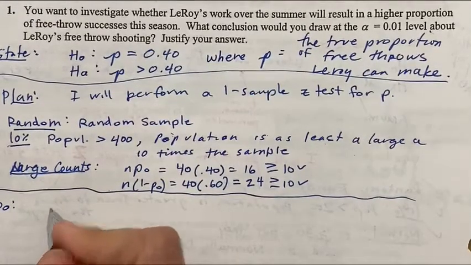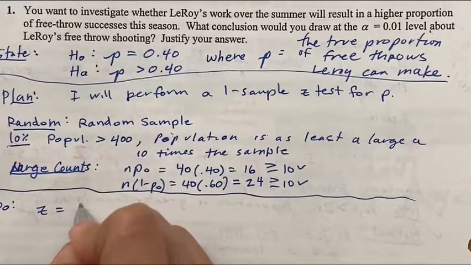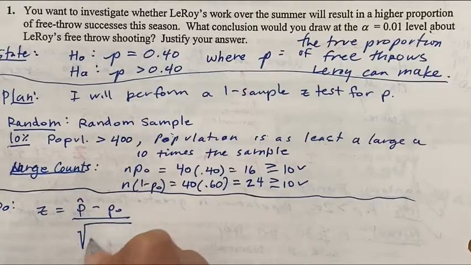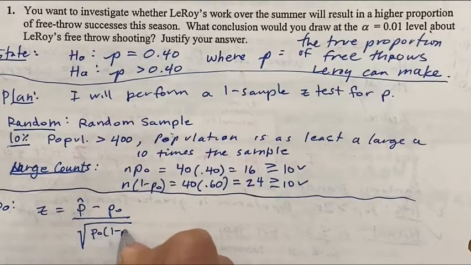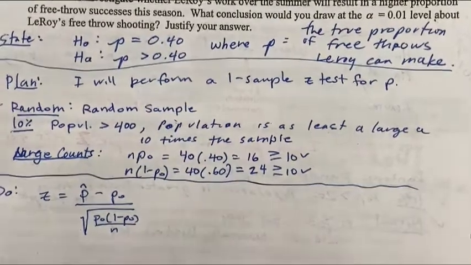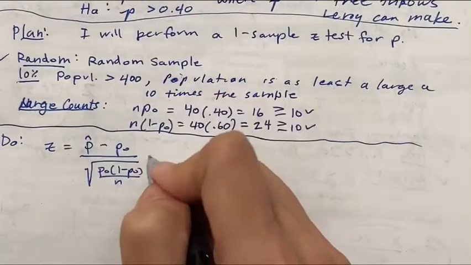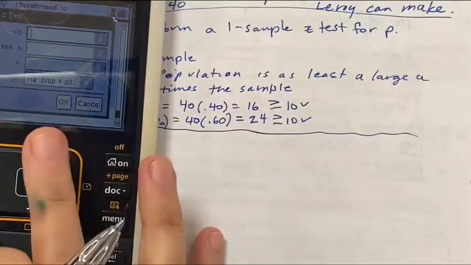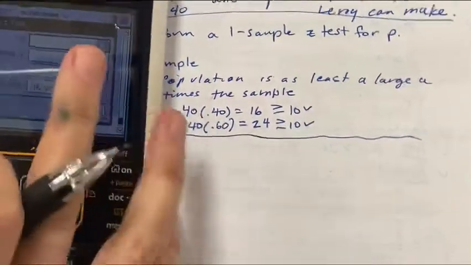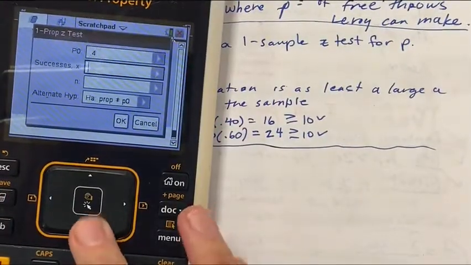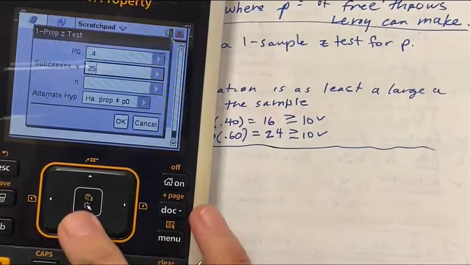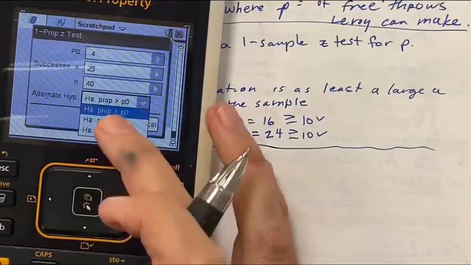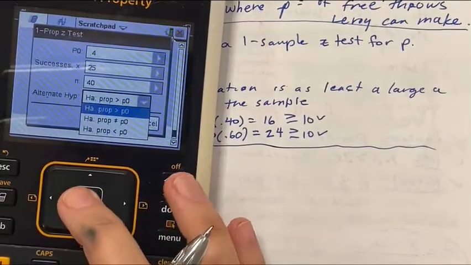So Z is equal to your test minus your predicted over your standard deviation. All right, so this is my standard deviation, right? So what does my calculator do? It does everything, and it also helps me summarize that. So my P naught is 0.4, and he got 25 out of 40 for n, and we believe the proportion's greater than 0.40.